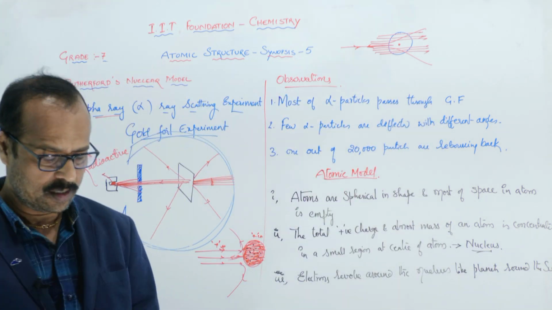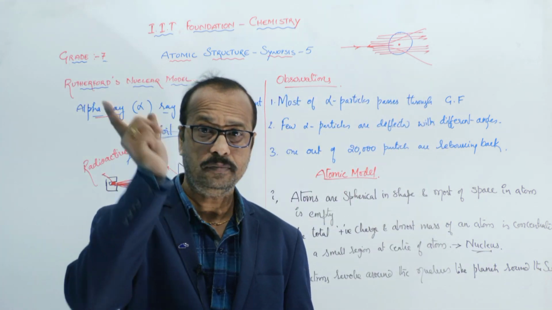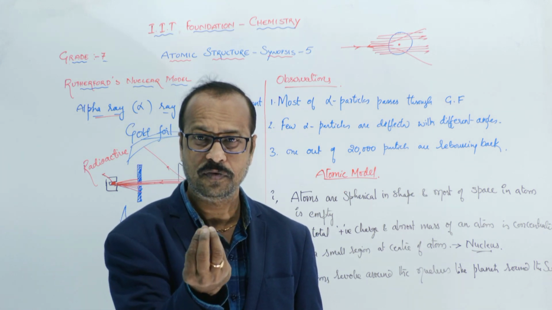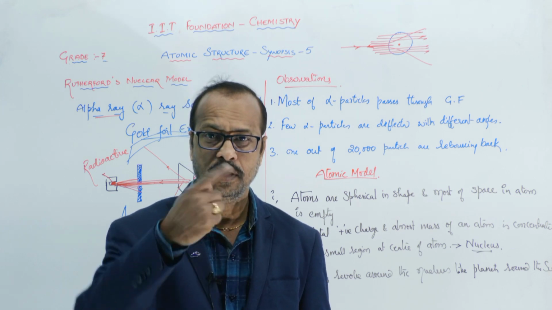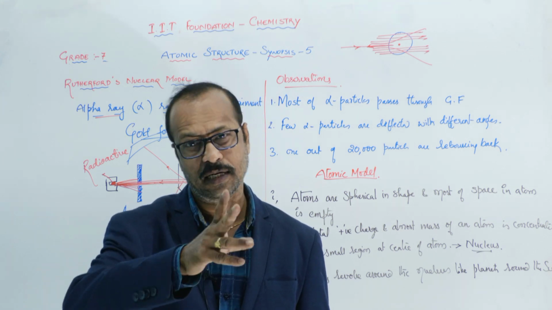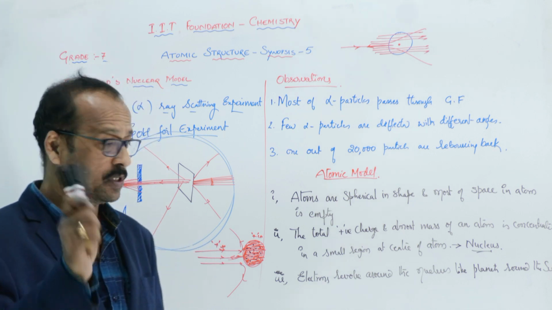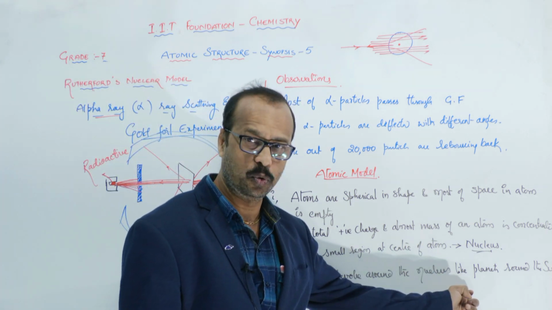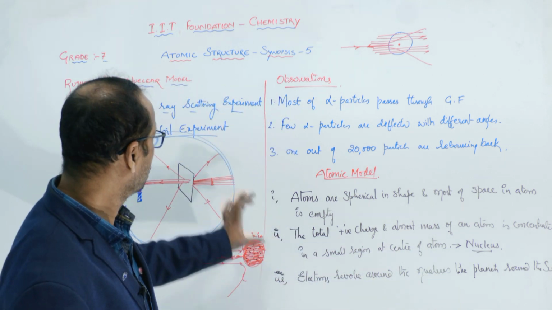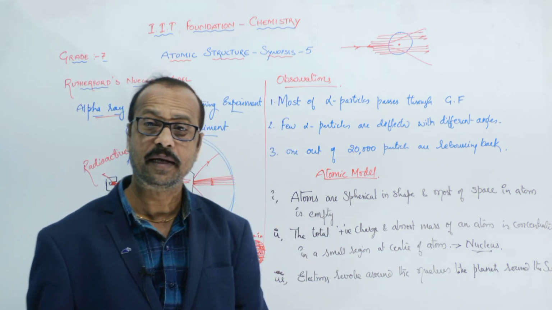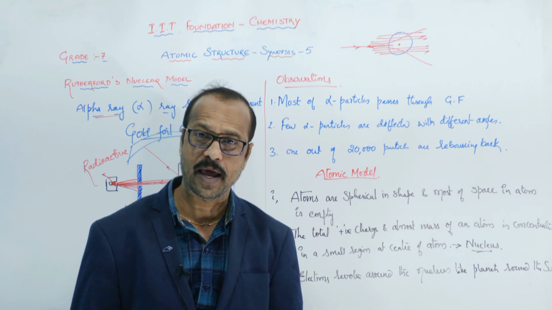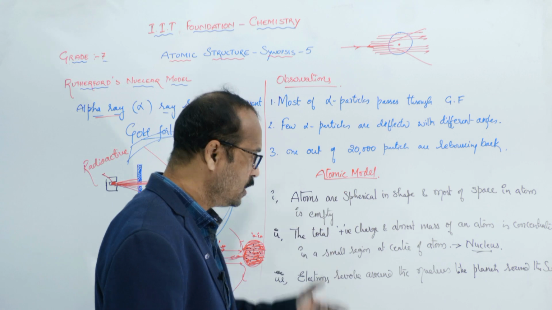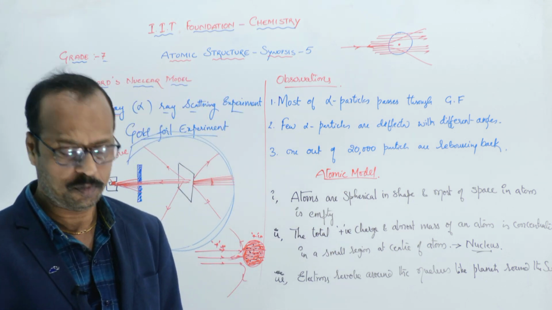You know that the sun is a star present at the center of the solar system, and the planets all revolve around the sun. Similarly, electrons revolve around the nucleus. That's why the Rutherford model is also called a planetary model. So that's about the postulates of the Rutherford atomic model.